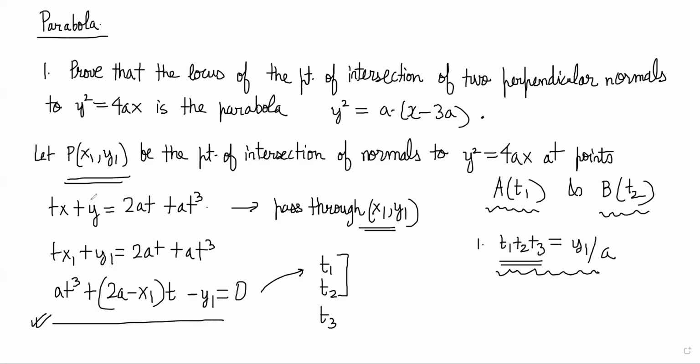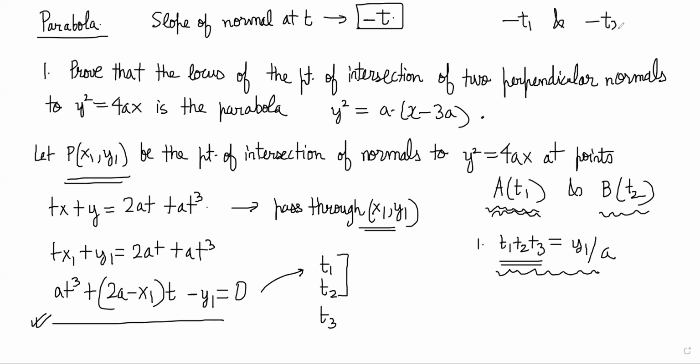Now think about the equation of the normal. We know that slope of normal at t is minus t. So the slopes of the normals here are minus t1 and minus t2, right? So basically, we know that these normals are perpendicular.